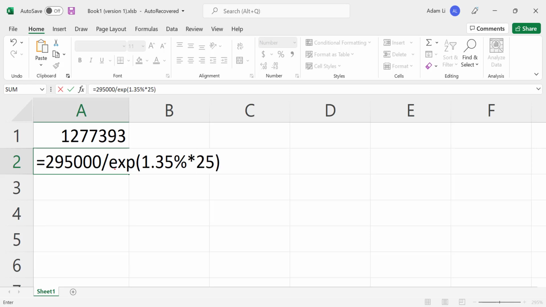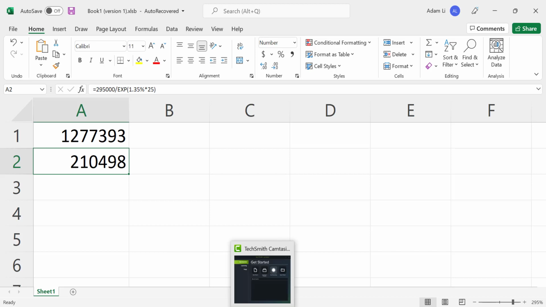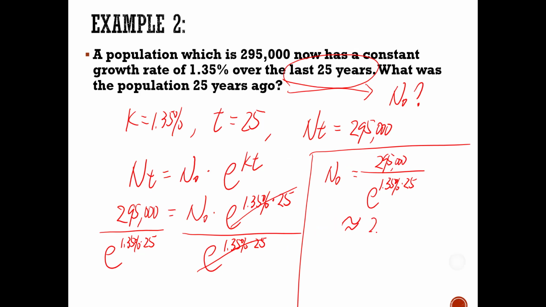And that should give us the initial population here. The initial population turned out to be 210,498.